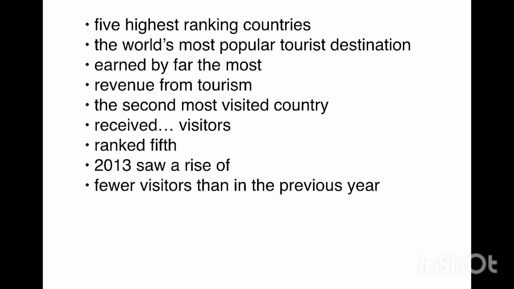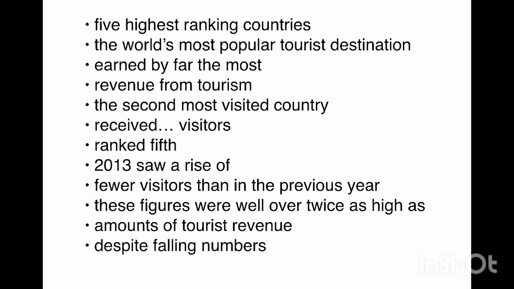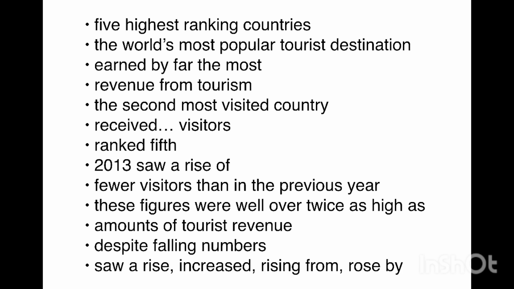Fewer visitors than in the previous year. These figures were well over twice as high as. Amounts of tourist revenue, despite falling numbers, and saw a rise, other change language, increased, rising from, rose by.